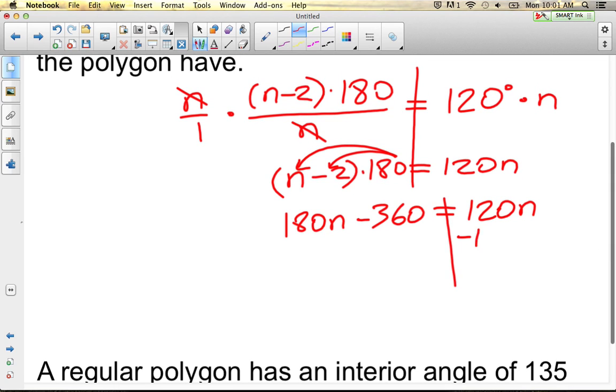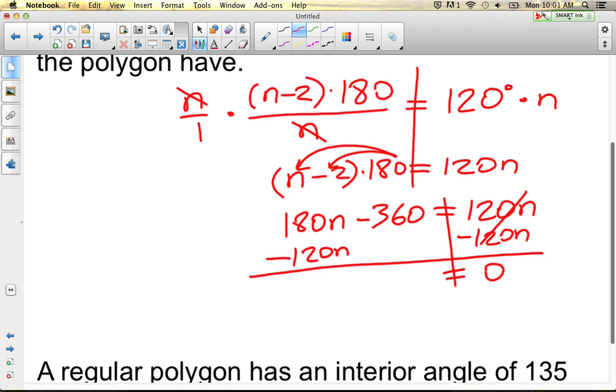Let's go ahead and subtract 120n since this is a smaller variable. So we're left with 0 is equal to 60n minus 360. Go ahead and add 360 to both sides.